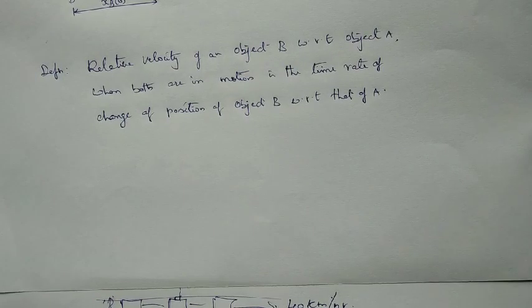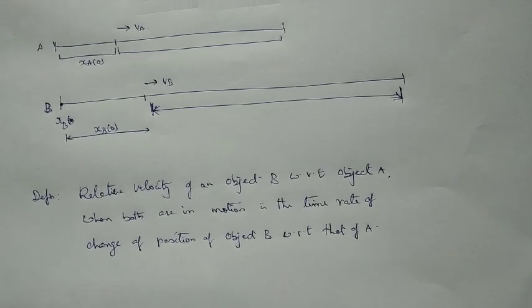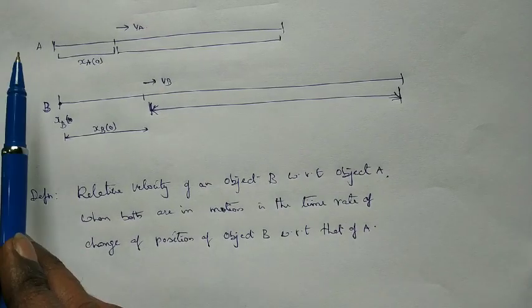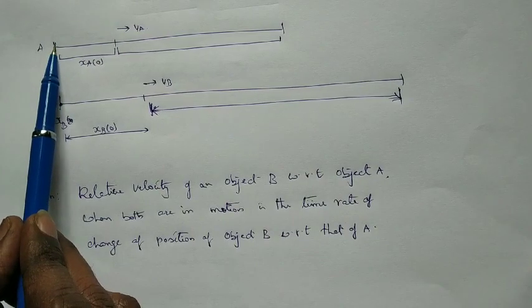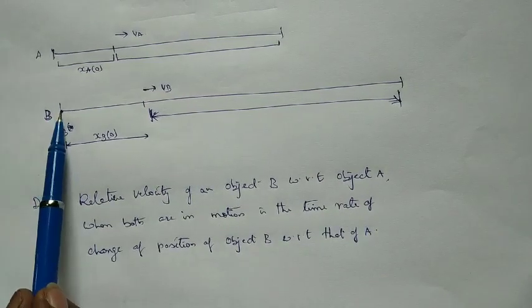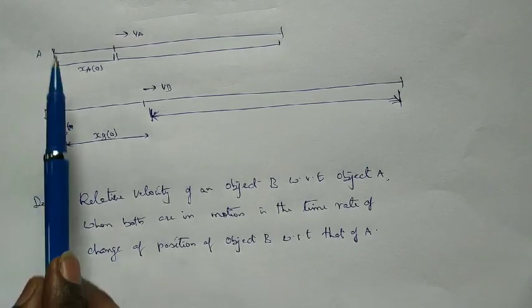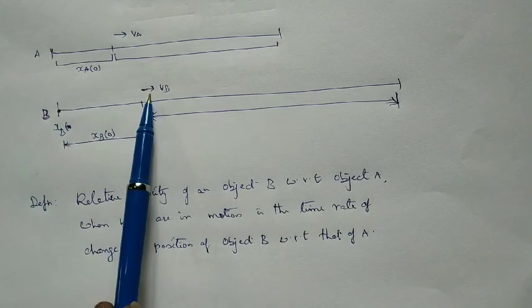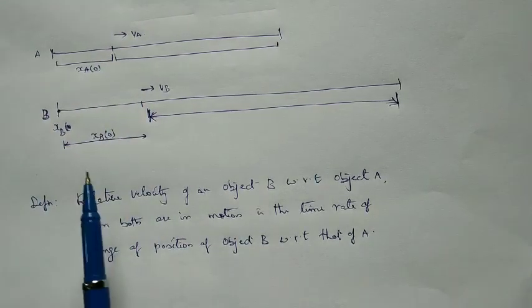That's the definition. Now we are going to consider the formula, how the formula will evolve when you consider relative velocity. Let us assume there is body A starting from 0 at the origin and body B also starting from 0 at the origin. Maybe both of them start at the same time, but B has a higher velocity VB and A has a lesser velocity VA for our assumption.